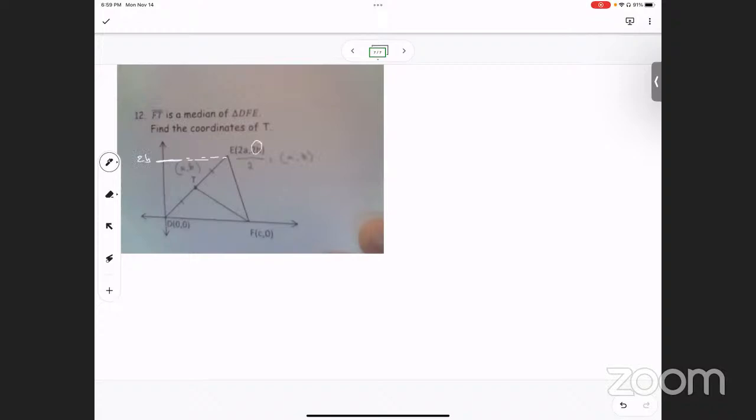You can see how they have it there, 2B. And this is 1B. You see how they have that written like that? Likewise, if I were to drop a line straight down here, this is 2A because this is 1A. That's why they wrote what they wrote there for you.